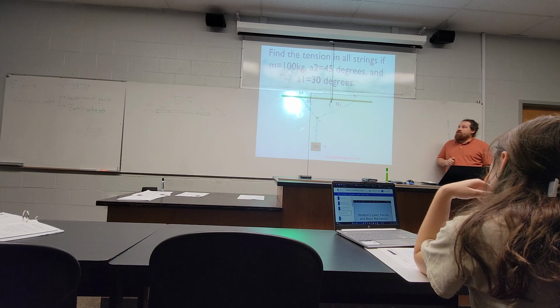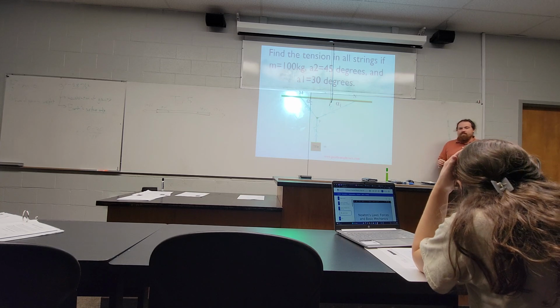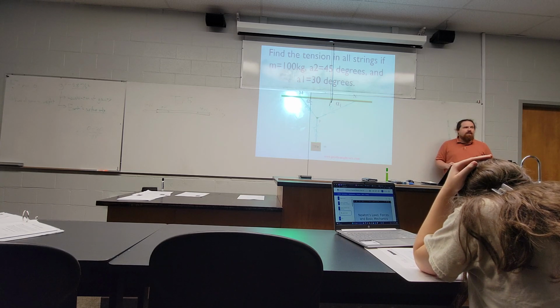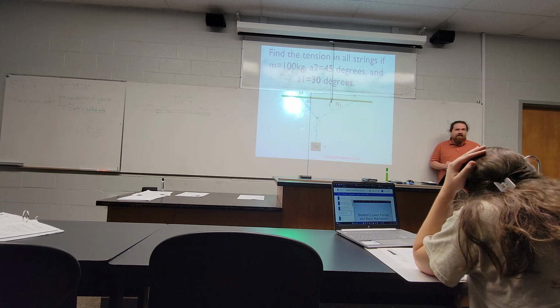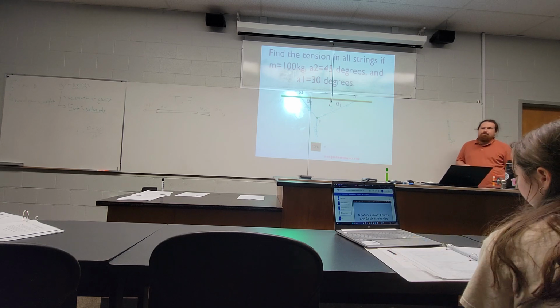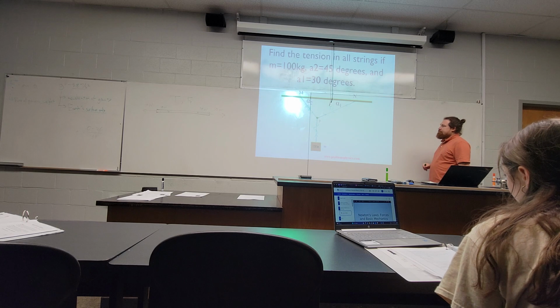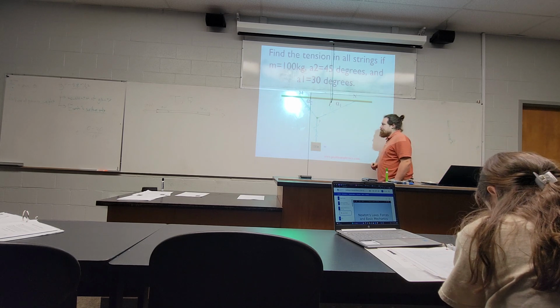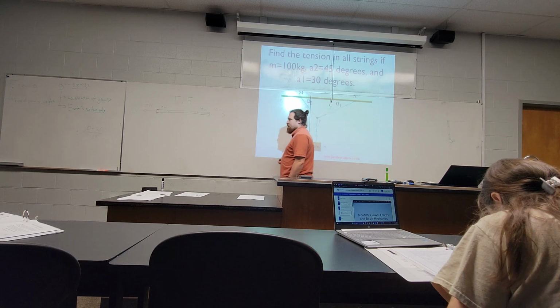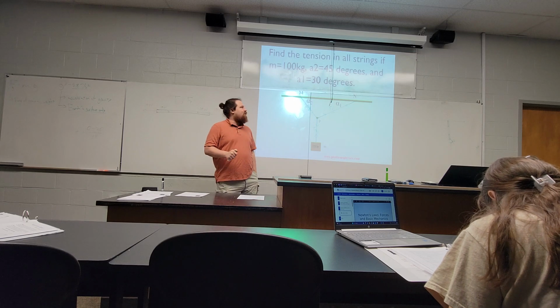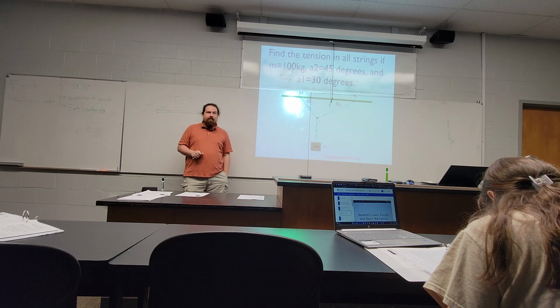So 3 different tensions, each pulling in slightly different directions depending on which end of the rope you're examining. And we have to figure out what all 3 of these tensions are equal to.